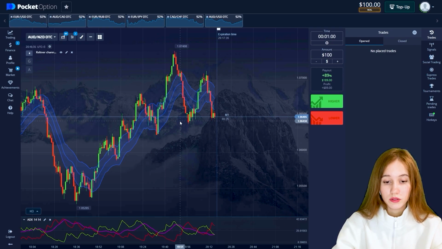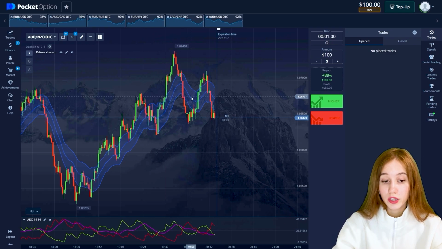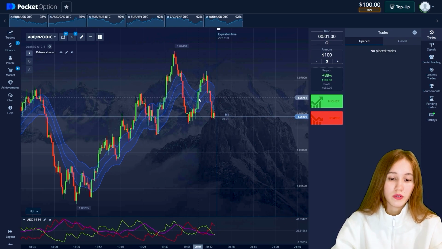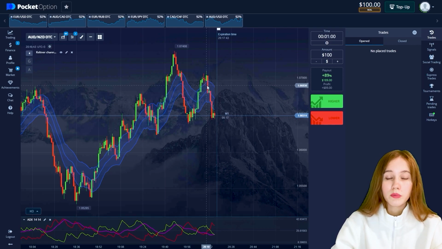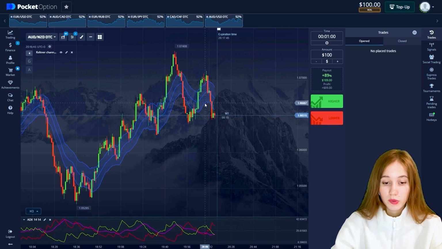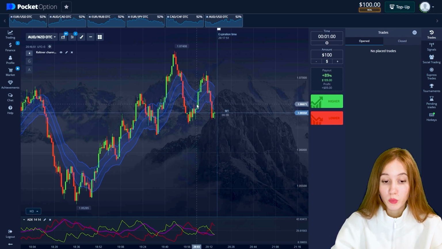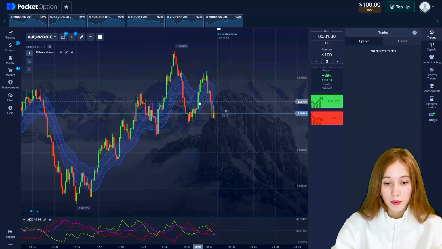It's based on the principle of channel price movements: after applying the indicator to our chart, the upper and lower boundaries of the channel appear, within which we assume the price will trade for most of the time.